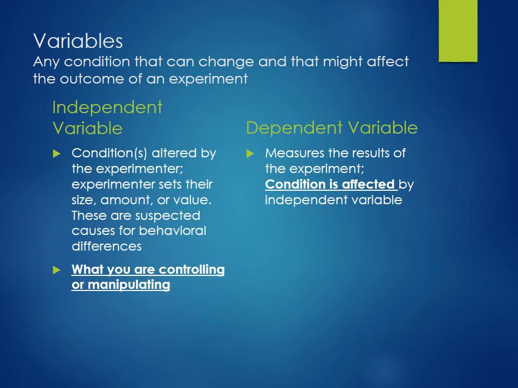The dependent variable is what I'm trying to measure for the results of my experiment: the depression that is now affected by the amount of sleep that they are or are not getting. So the independent variable is what you're manipulating. The dependent variable is what you're measuring. Independent, manipulating. Dependent, measuring.